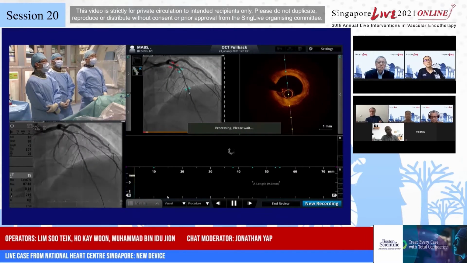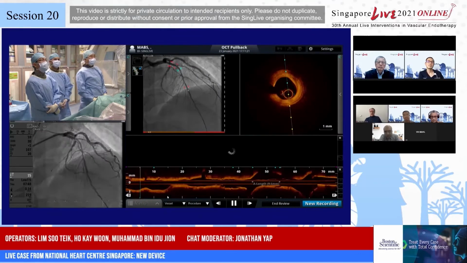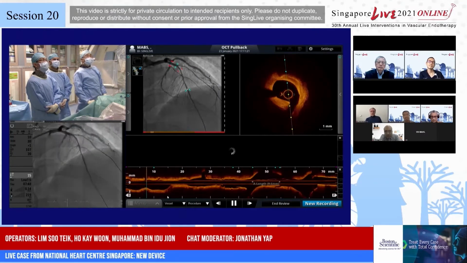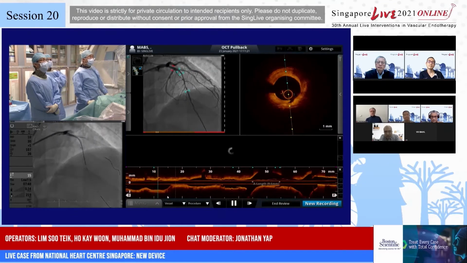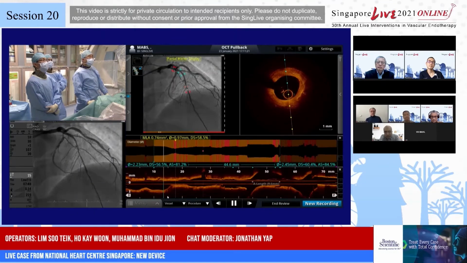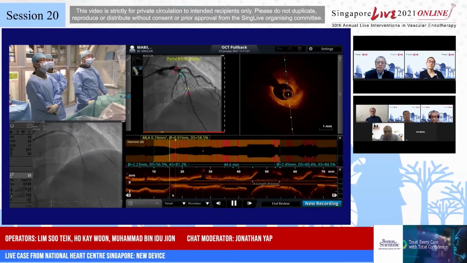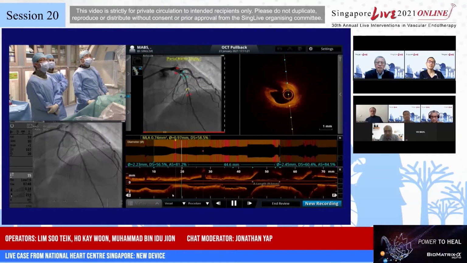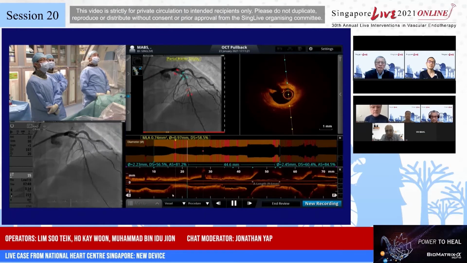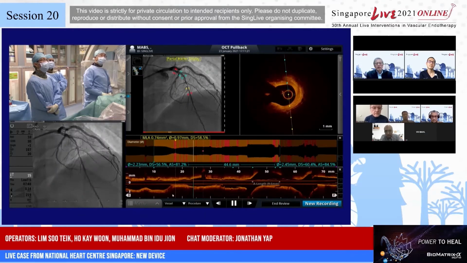Again, you can see the co-registration. We were distal to the tightest part, coming back. Disease diffusely in the LAD. So this is where the tightest portion is. Mainly fibrous.